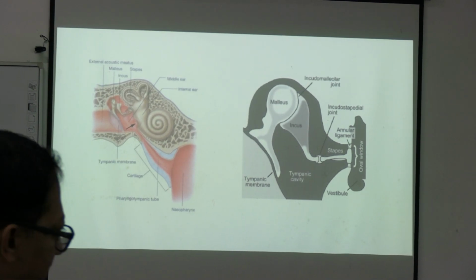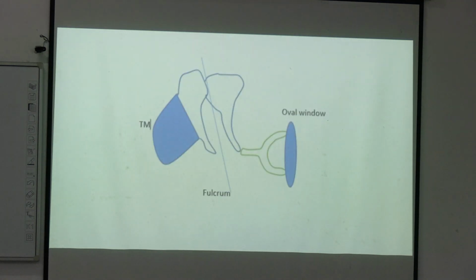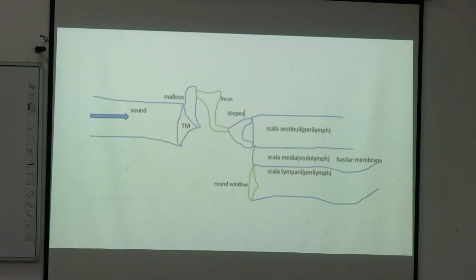So if you remove this turn and see this in a linear fashion, you get this, okay? So here is your external auditory canal, and sound transmits over here and strikes the tympanic membrane. The tympanic membrane is attached to the malleus, here is the incus, and then the stapes. The stapes is connected to the oval window into the chamber scala vestibuli, right?